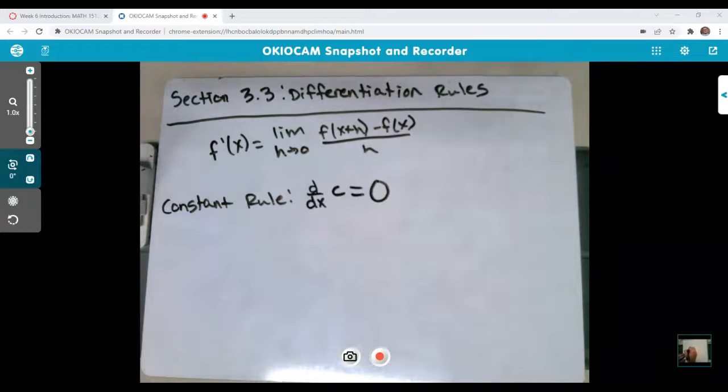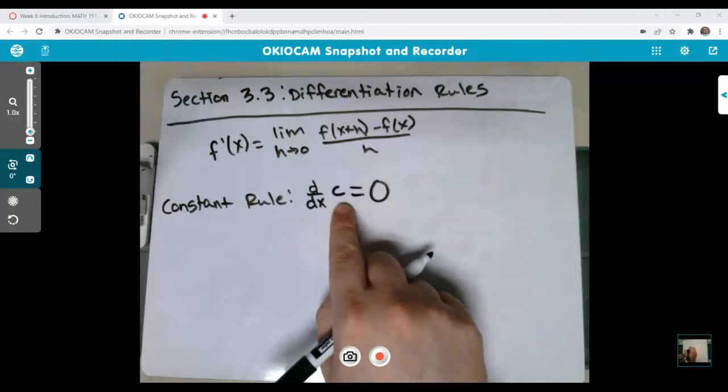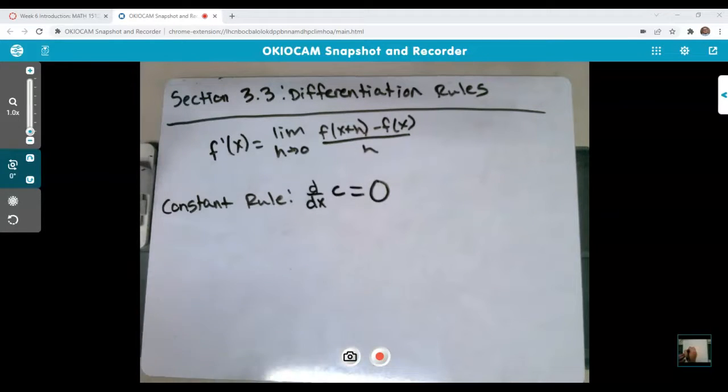And let's think about why that might make sense. Remember, what the derivative tells me is the slope at a point. That's the whole point, I'm trying to find a slope. If this is a constant, then my y does not change, and therefore my slope is equal to 0. So that's why I get that.